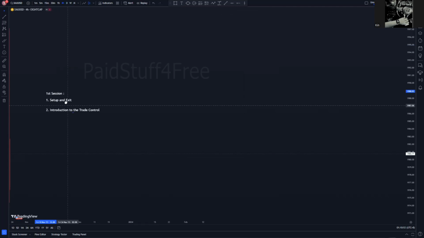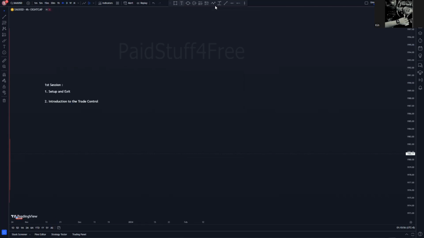So the first topic is going to be the setup and exit. For the setup and exit, as you guys know, I am not using any kind of indicator. I'm just using my naked charts, there's nothing such as Bollinger Bands or moving average on my chart. So what is actually my indicator?